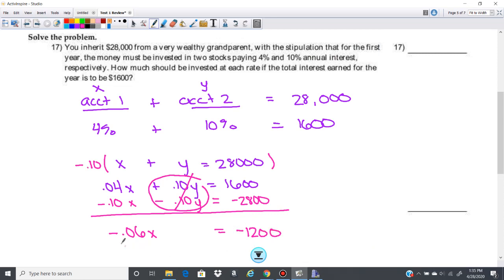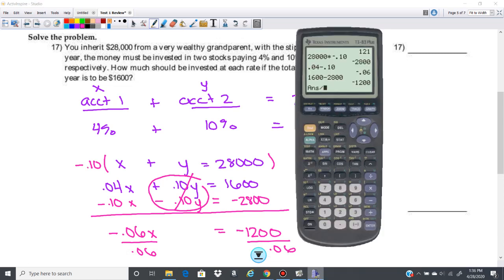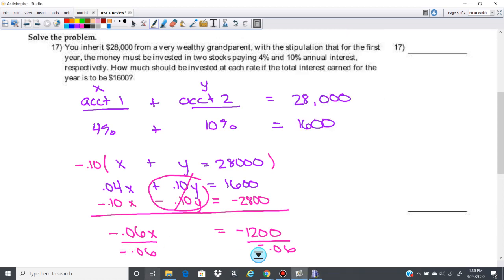And then I want to solve for x. I'm just going to divide by negative 0.06. So let's see, negative 1,200 divided by negative 0.06 gives us... oh, I forgot to divide by negative. It's positive 20,000. So I get x equals 20,000.